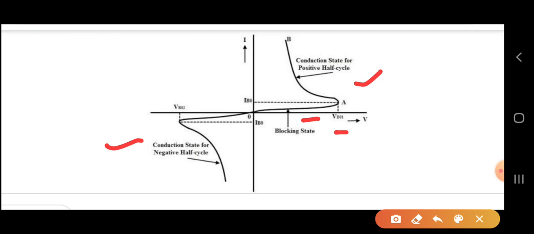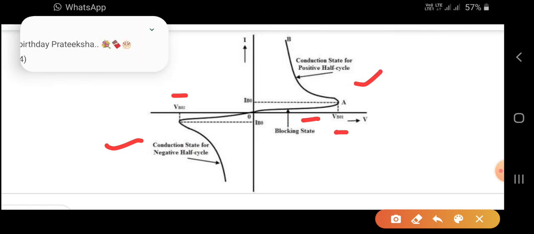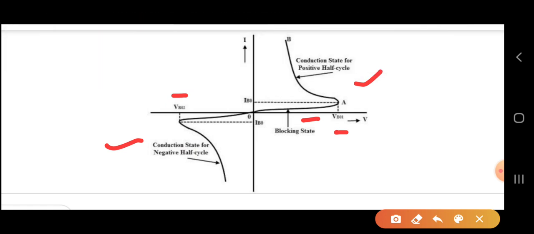Here also at some point, I have shown VBO2, that is breakover voltage 2. As soon as the negative voltage reaches VBO2, it starts conducting, and before that it does not conduct. This is how it makes the DIAC turn on.